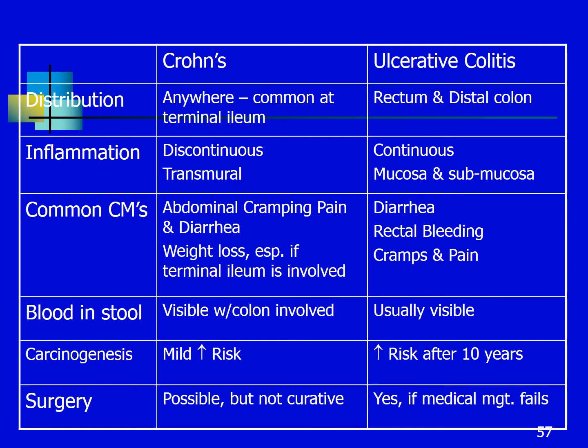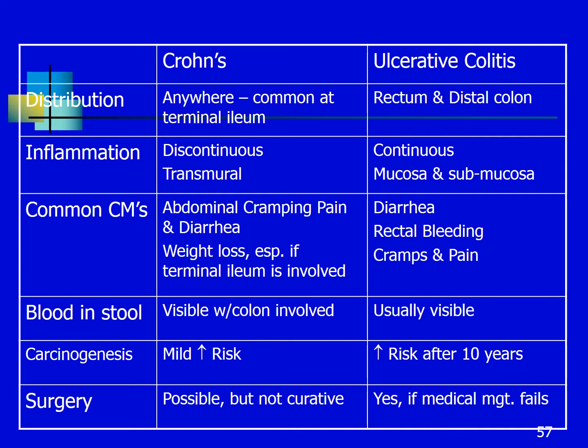Next slide. So this slide is showing, again, a really great comparison between the two. Distribution: Crohn's is seen anywhere, and the common site is the ileum. Ulcerative is colon, rectal, and distal colon. Inflammation is not continuous in Crohn's, but it's continuous in ulcerative.